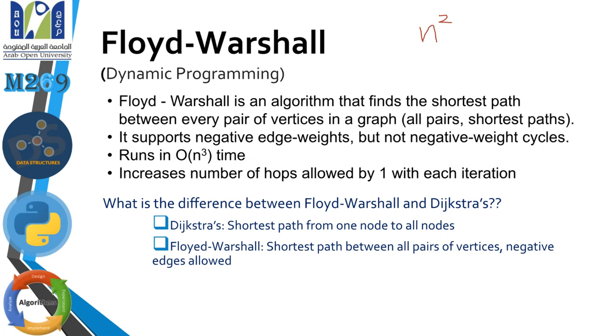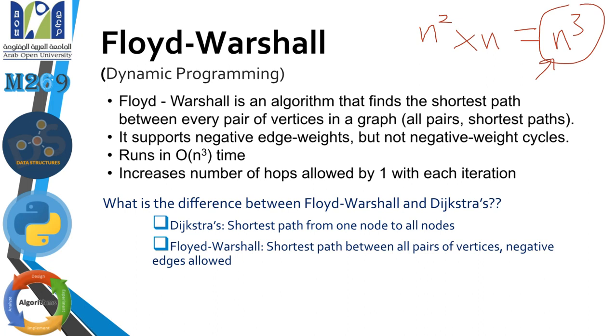But to find the shortest path for all the vertices, which is n, it is n times n squared, which is equal to n to the power 3. So Dijkstra and Floyd-Warshall have the same complexity.